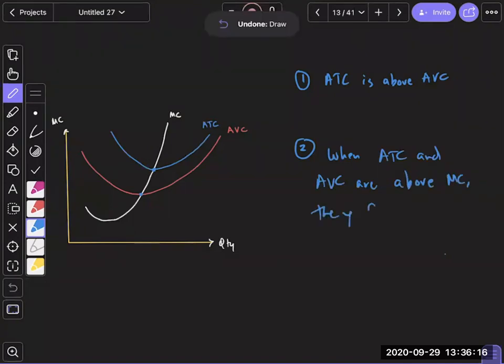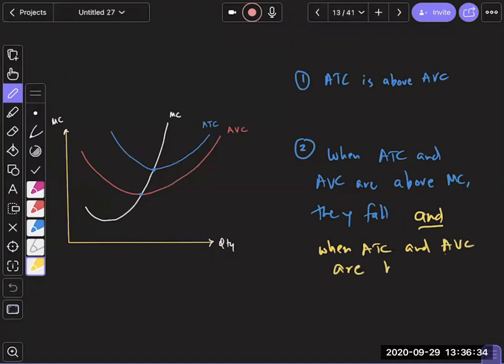they fall, and when ATC and AVC are below MC, they rise.